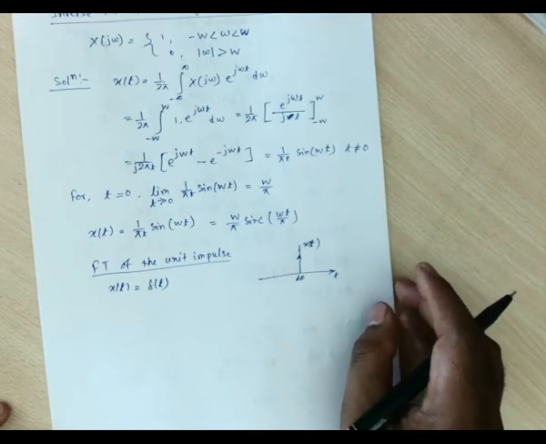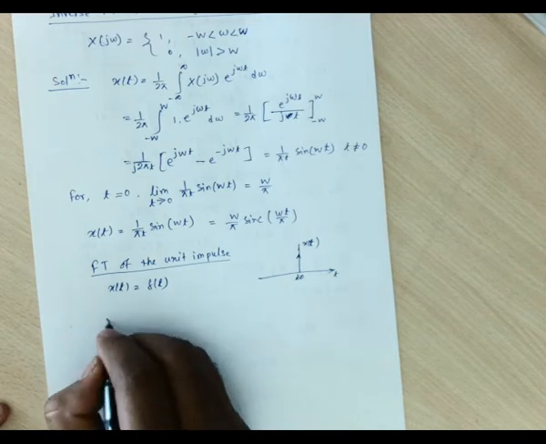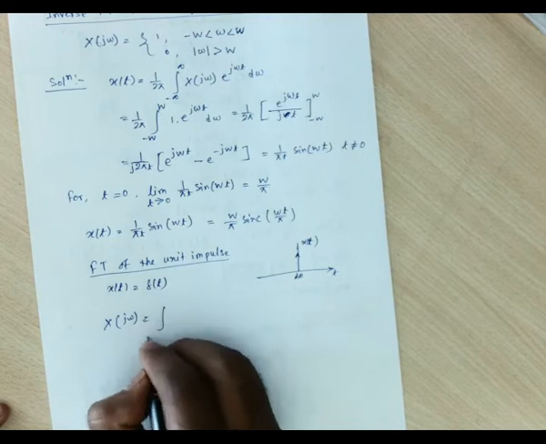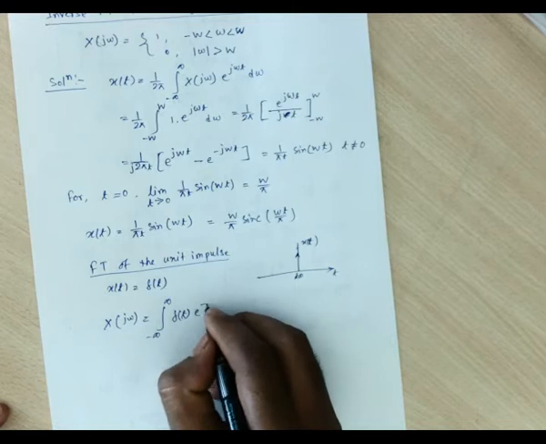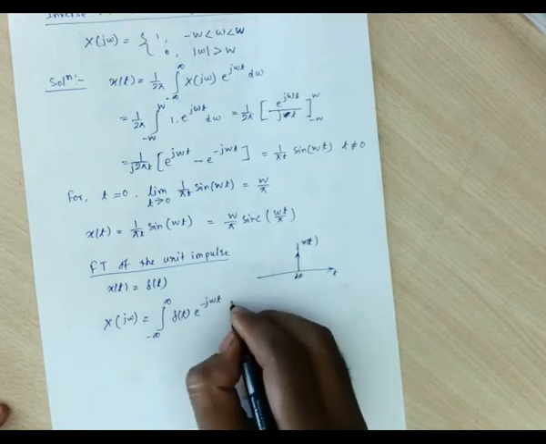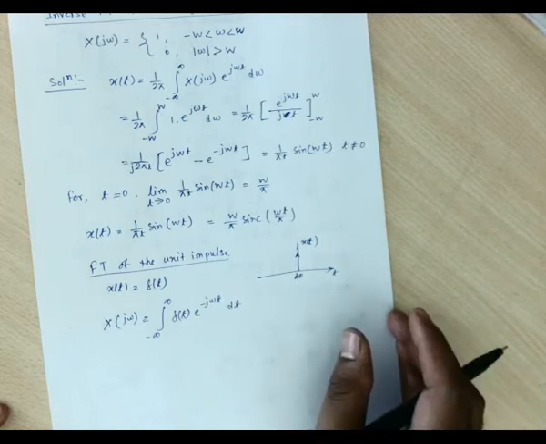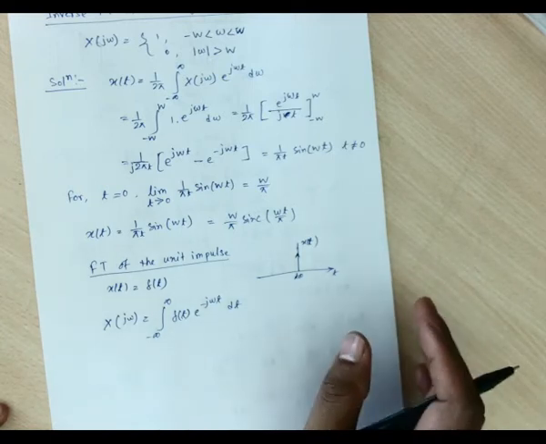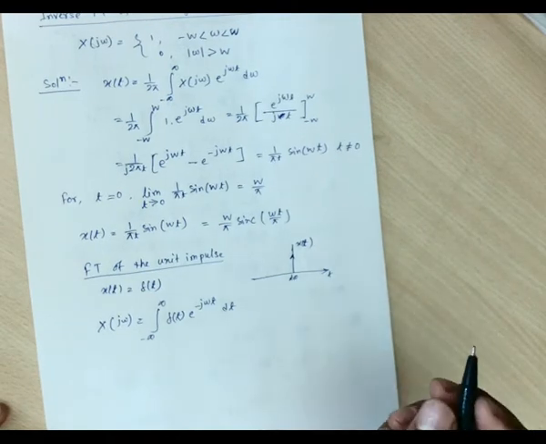But still, if we go with the solution, how can we find it? X of j omega is the integration from minus infinity to infinity of delta of t e to the power minus j omega t dt, right? Though it does not satisfy the Dirichlet condition, if we go with our normal procedure to find the Fourier transform, we can find it.